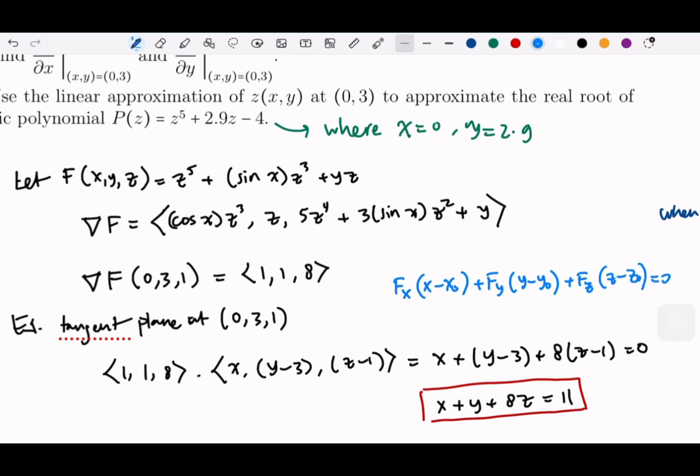So this is the same equation, but I'm using the del and dot product to make it compact. So we get the tangent plane, and then the second part is the partial techniques.